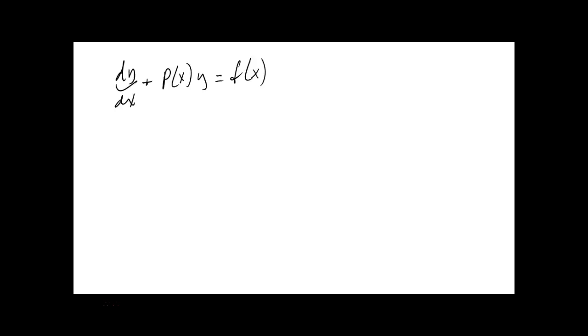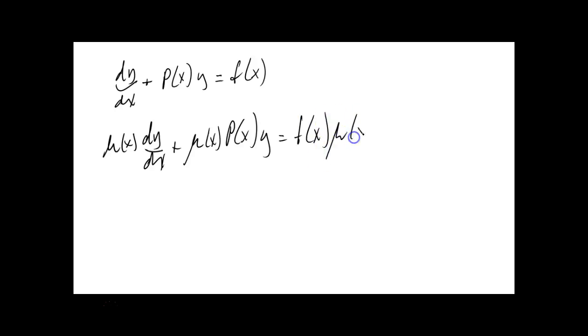Now, what we're going to do is multiply both sides of the equation by a special function mu of x. It seems like a strange thing to do. That'll be mu of x dy/dx plus mu of x p of x y is equal to f of x mu of x.